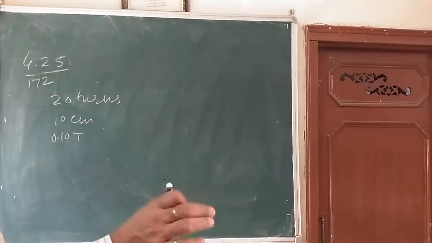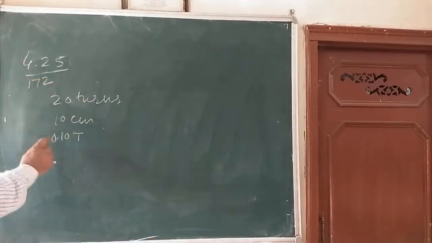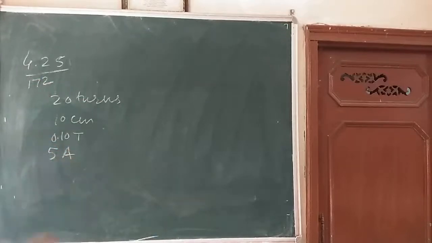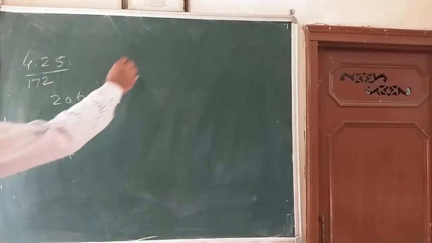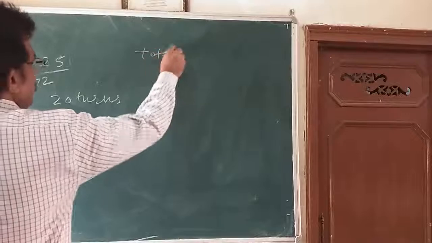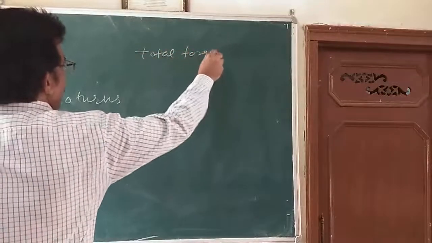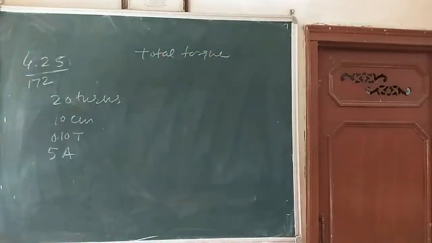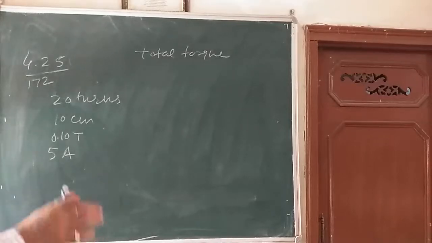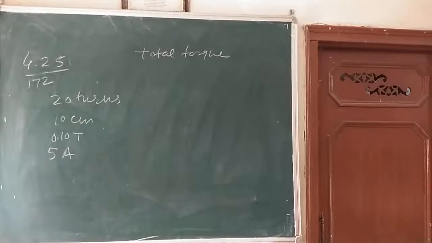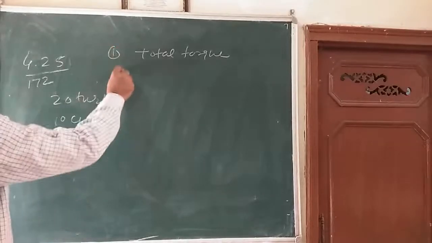If the current in the coil is 5 ampere, then what is the total torque? What is the total torque? First. Then total force on the coil, and then average force on each electron in the coil due to the magnetic field. Three things are asked in this.